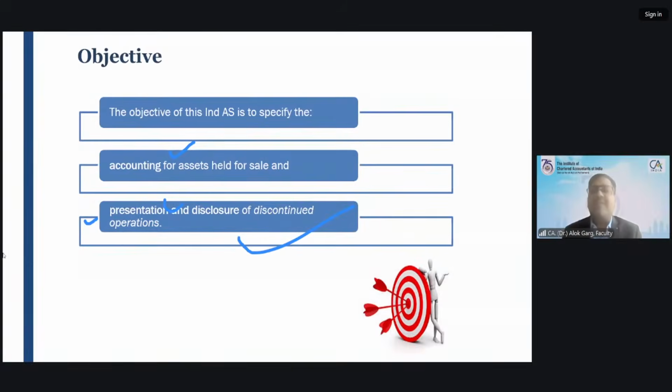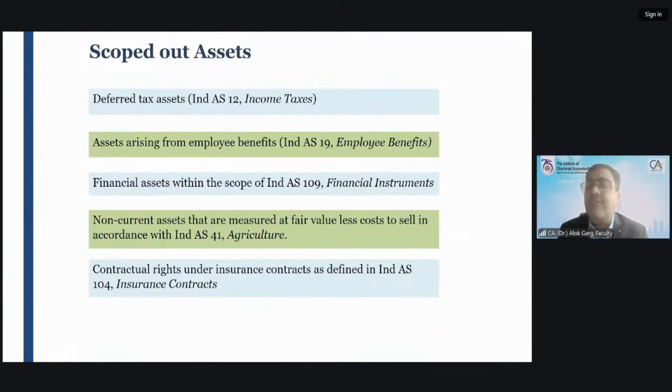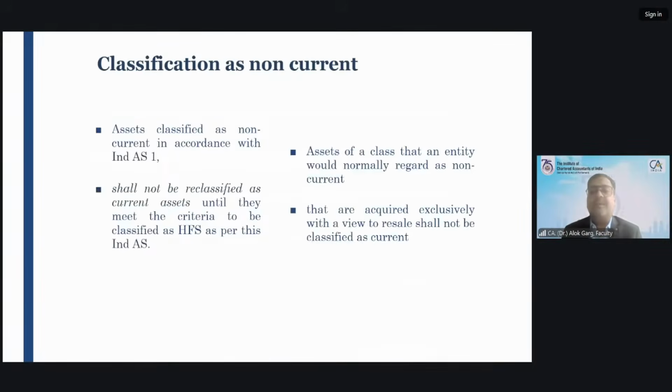So we discussed that. Then we discussed that there are some assets which, if they are part of the disposal group, are not going to be remeasured as per Ind AS 105. Like deferred tax asset, employee benefit asset, financial instrument, biological asset, and insurance contract asset. Right.